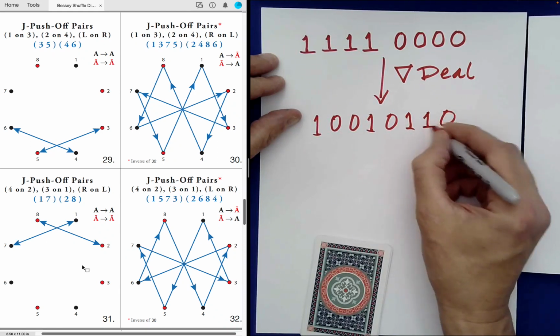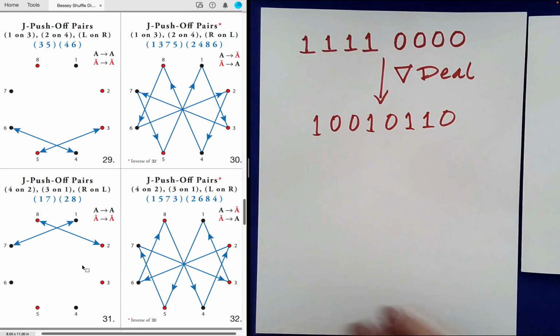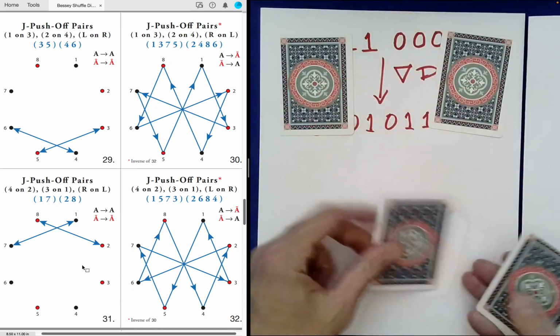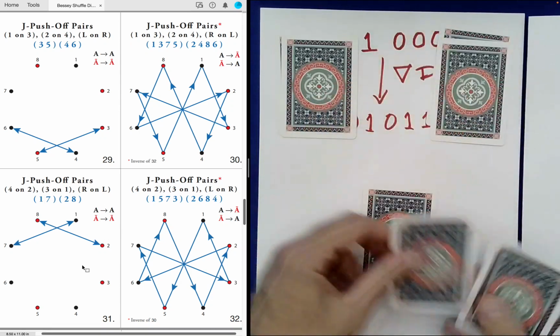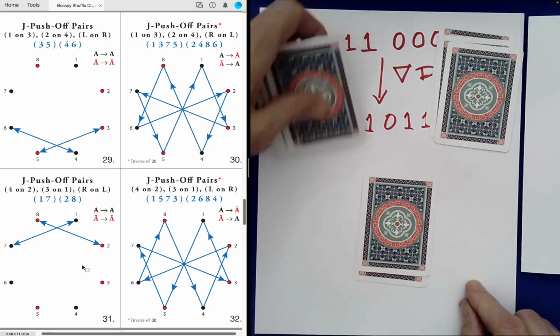Okay? So if you use this triangle deal, and you'll recognize now that I did it: I did this 1, 2, 3, 1, 2, 3, 1, 2, and then you stack in the opposite order.